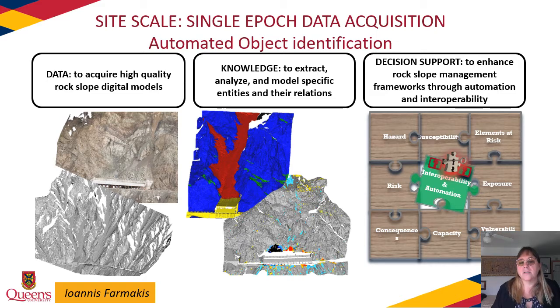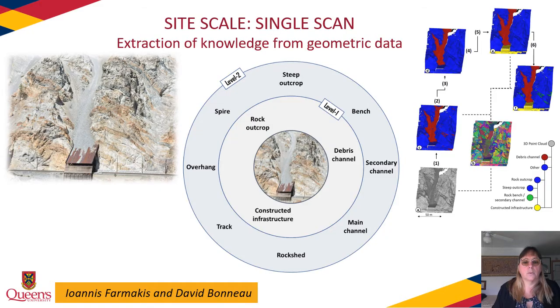And in doing so, we support the decisions around rock slope management by automating some of these processes and by also making the data interoperable with other data sources that help inform our results. But in this case, a single data acquisition gives rise to our ability to detect different features on the slope. We see the results of that work in this slide.